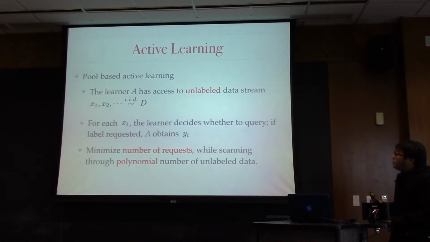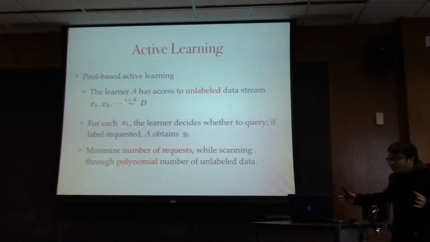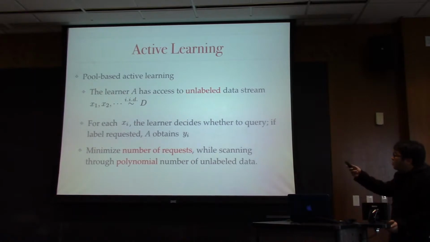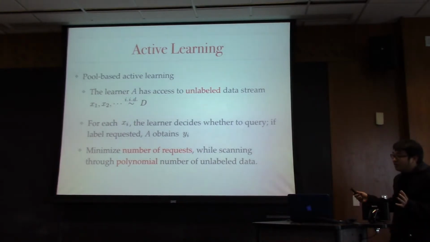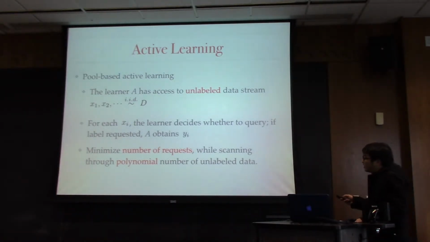I think these two are pretty equivalent, because in the pool-based case, you can just request a sufficient number of unlabeled data points, and it will be very similar. But this is quite different from the selective case where you can actually select the x, because in this setting, we require a polynomial number of unlabeled data. So in that case, it might not be the case.